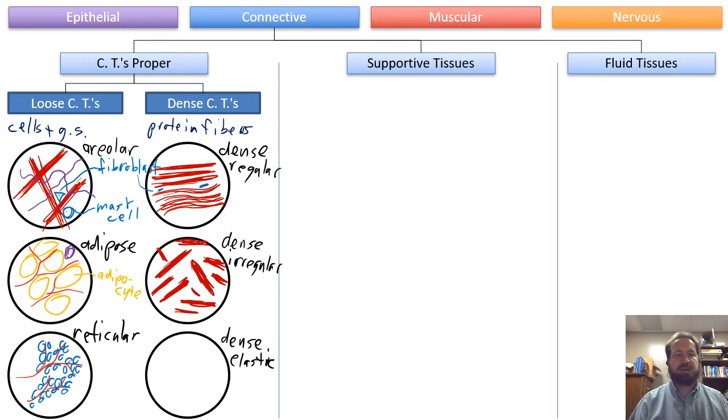Okay, but still, mostly what we see is collagen fibers. They're just irregularly scattered. Okay, and you can see how this allows you to pull in lots of different directions and have some strength in every direction.